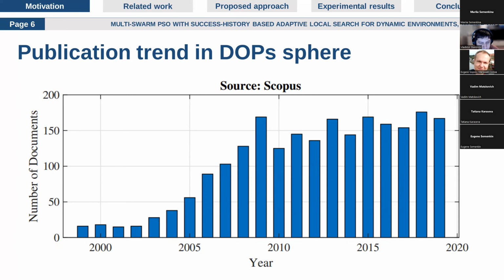Two of them were on dynamic multimodal optimization, one on just dynamic optimization, and one on dynamic stacking problem. So this is obviously some trend, some interest in the field of dynamic optimization. This is somehow a hot topic, I would say.